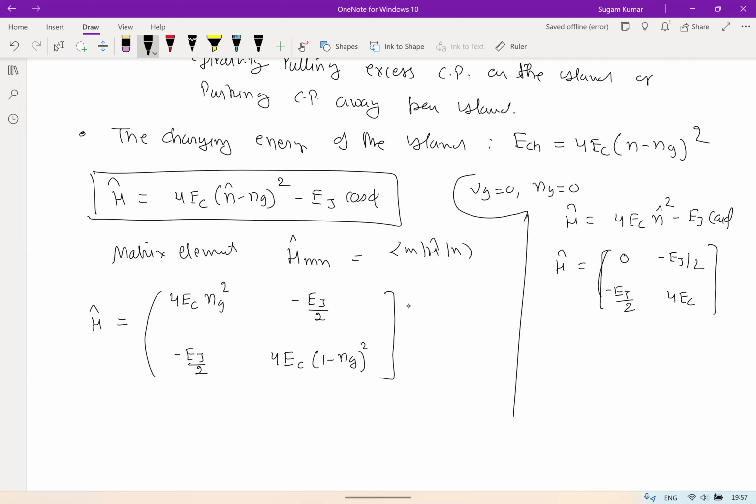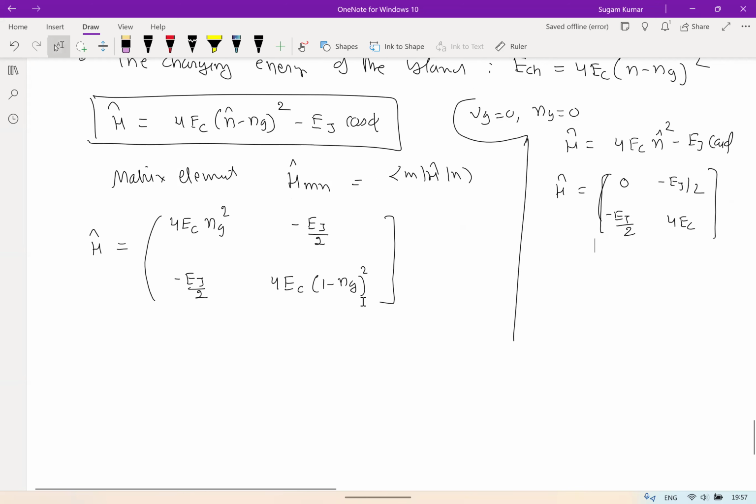And now with the applied voltage, this is how it's going to look. Now, one more step I can do here, that is to make this Hamiltonian symmetric in nature. And from here I can even introduce ECC, that is 4 times EC.